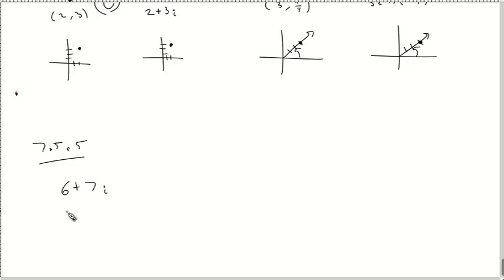So 6 plus 7i. This is called the real component. And you'll never have to do this again, but whatever. And all this stuff here is called the imaginary component. I'm trying to be a good teacher and give you the actual names and definitions.